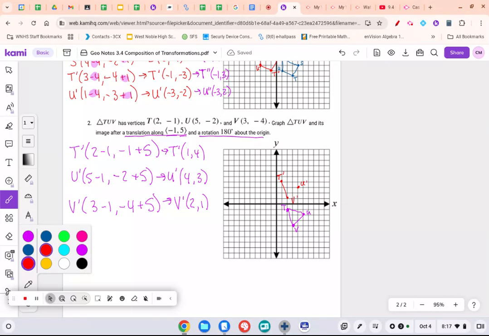And then we have to rotate 180. Once again, you can go back to your notes about it. When you're rotating 180, this just changes the sign of each of these. So T double prime, U double prime, and V double prime get their signs changed.